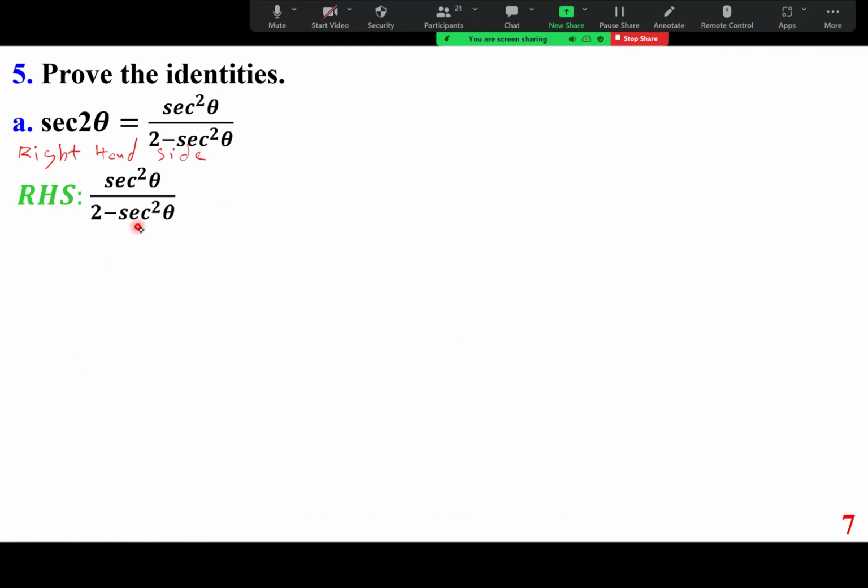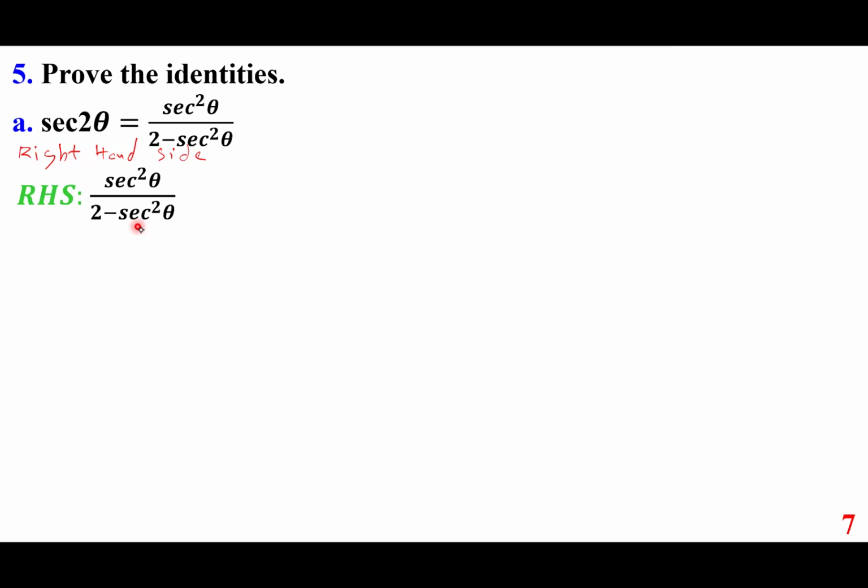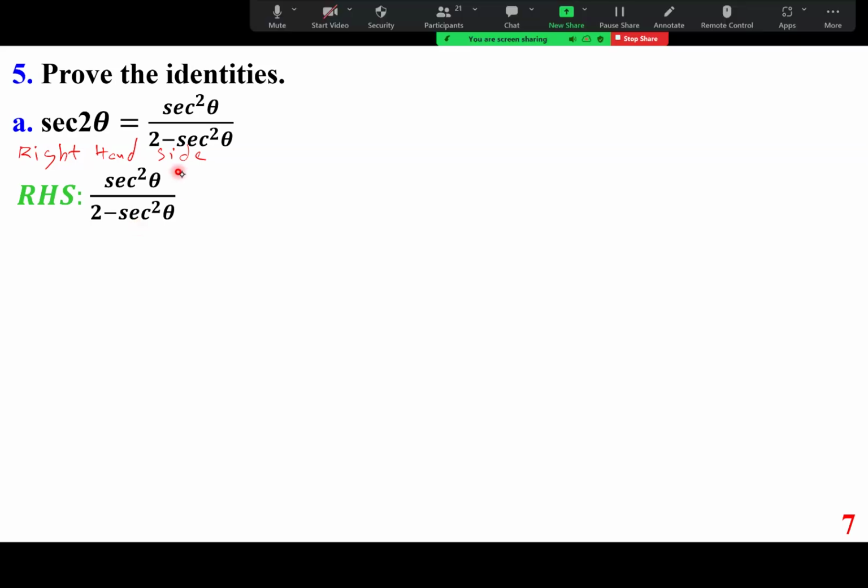And normally, one way to simplify things involving secant, cosecant, tangent, and cotangent is to go to sine and cosine. Secant is 1 over cosine. So this is 1 over cosine squared, so is this. This is a complex fraction. So if you multiply the top and the bottom by LCD, which is just cosine squared, should take care of the business.